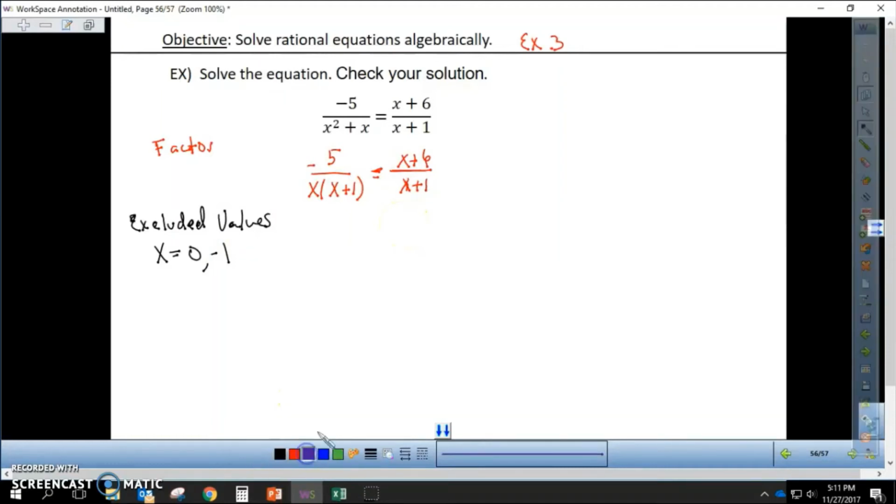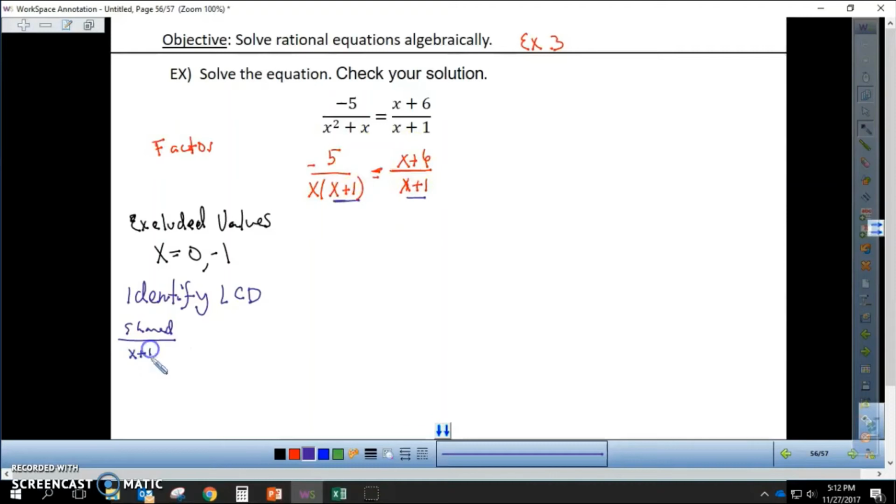So after I've done that, I am going to identify the GCF. Not GCF, woo! Its cousin. Identify the LCD. That's what you want. So again, in order to find your LCD, you need your shared factors, which is x plus 1.